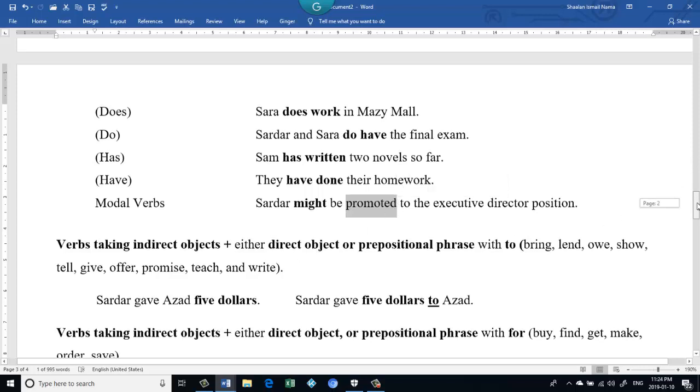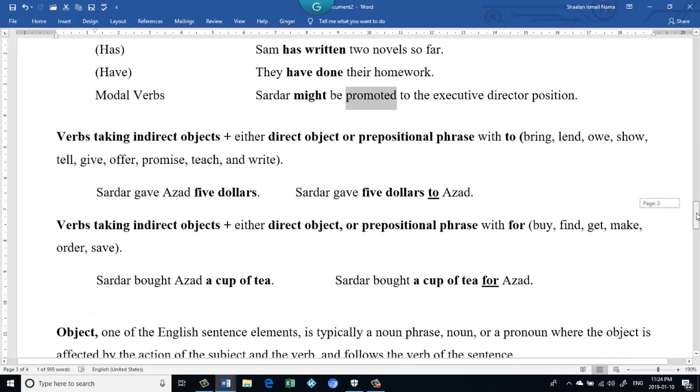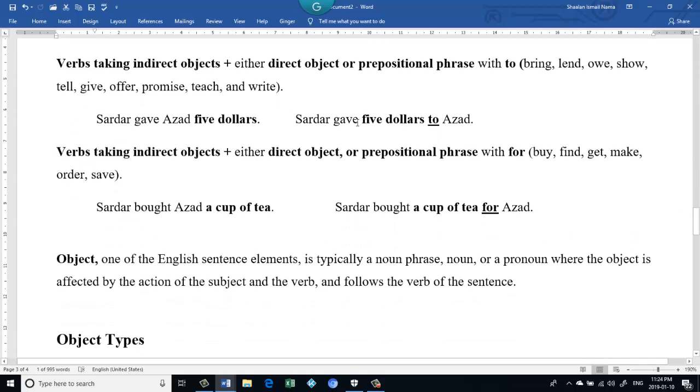We have 2 kinds of object. We have direct and indirect. We have some verbs taking indirect objects and some verbs taking direct objects. Or maybe sometimes taking either direct or indirect objects.